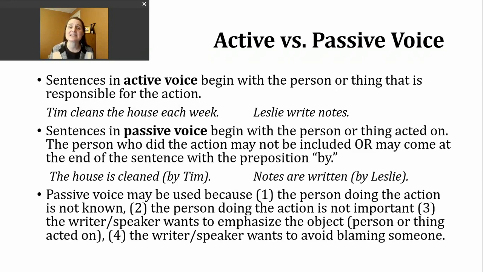And sort of connected to that, the writer or the speaker really wants to emphasize that object, so the person or the thing receiving the action. And so by starting the sentence with that object, they're calling greater attention to it.